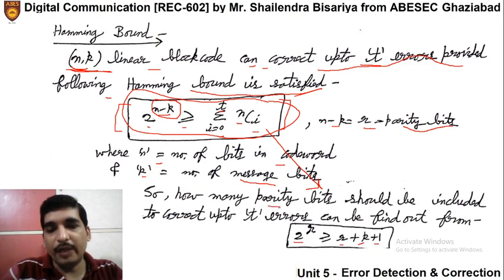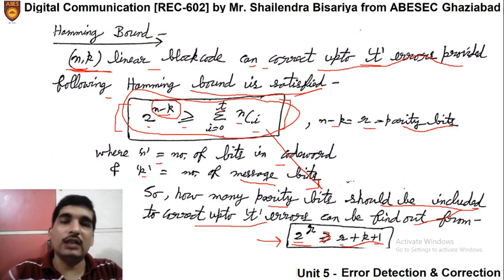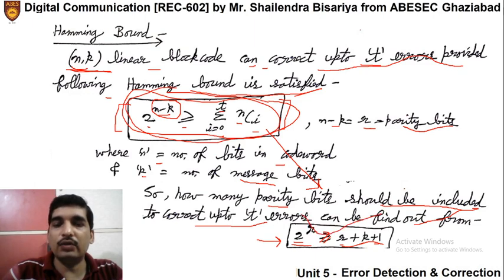So how many parity bits should be included to correct up to t errors can be found from this equation, that is, 2 to the power r is greater than or equal to r plus k plus 1. So this is the required condition. Now let us make it clear with the help of an example. This is the Hamming bound condition, and from that we have said that 2 to the power r must be greater than or equal to r plus k plus 1.